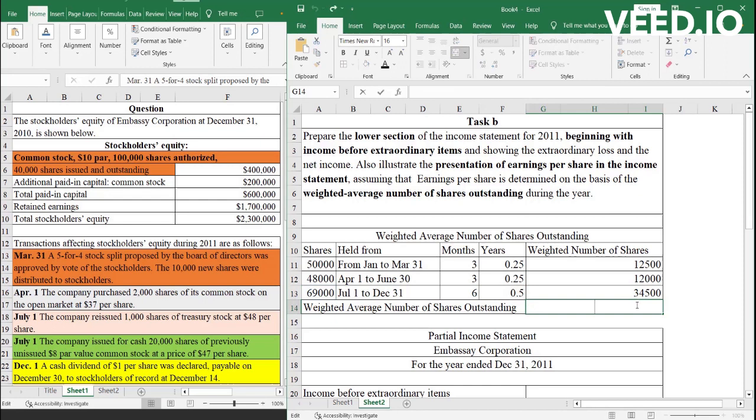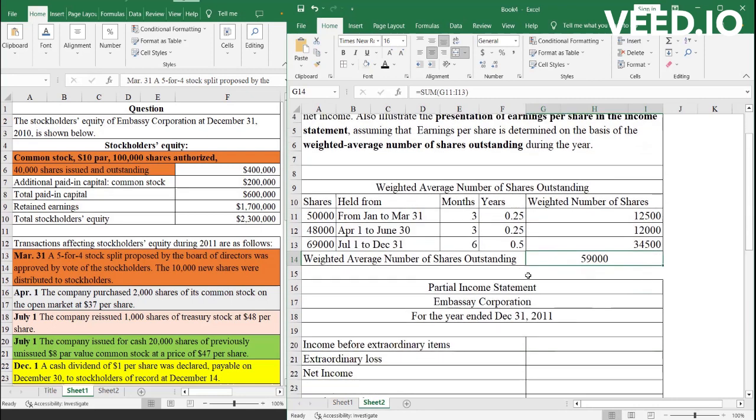To find the weighted average number of shares outstanding, add all these weighted numbers of shares. So that's 59,000. On average, the company had 59,000 shares throughout the year. That's the first part. We have found the weighted average number of shares outstanding.